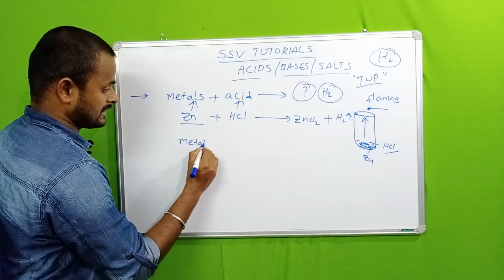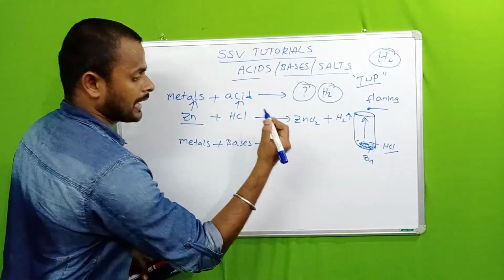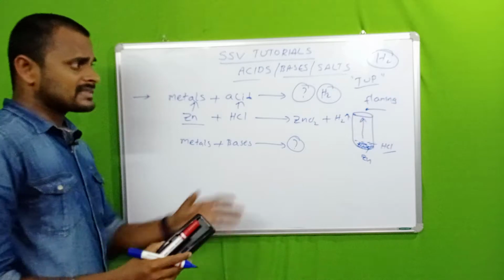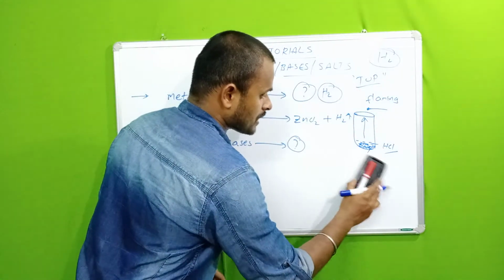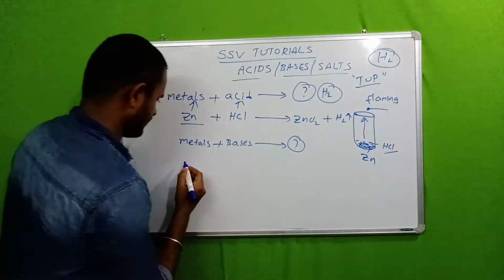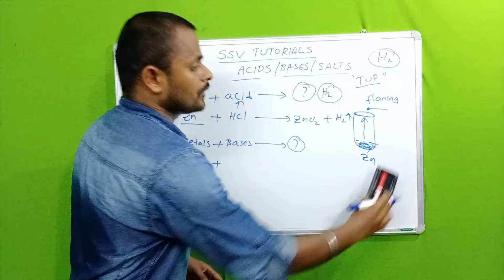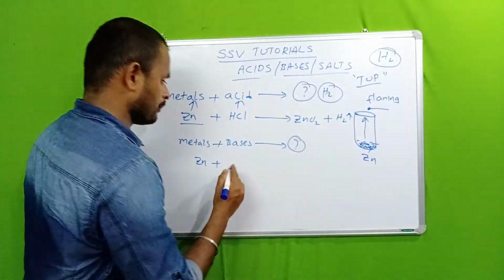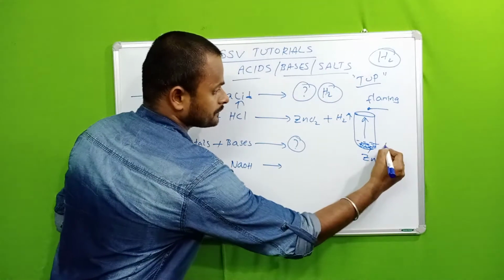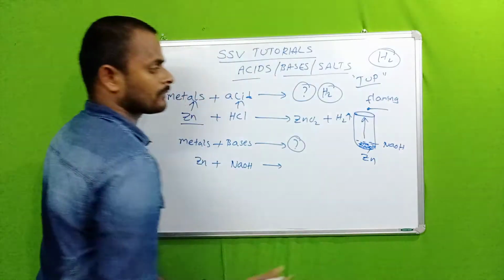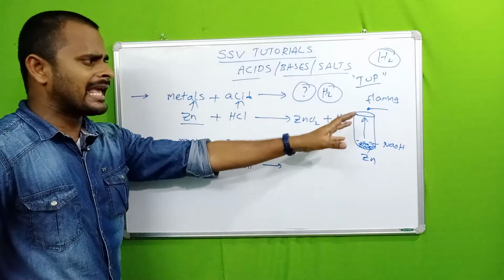And what about bases? When metals react with bases, what happens? Do a similar activity by taking a base. The metal is the same, zinc, and in place of HCl you pour a base, for example sodium hydroxide, NaOH. Pour 2 to 3 drops of sodium hydroxide and do the same experiment.